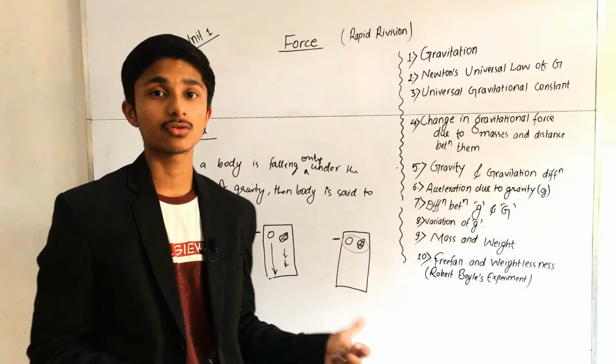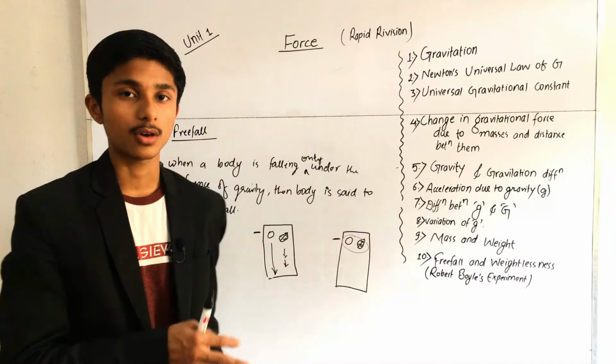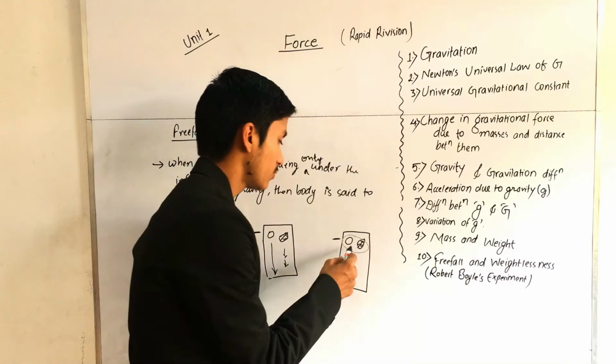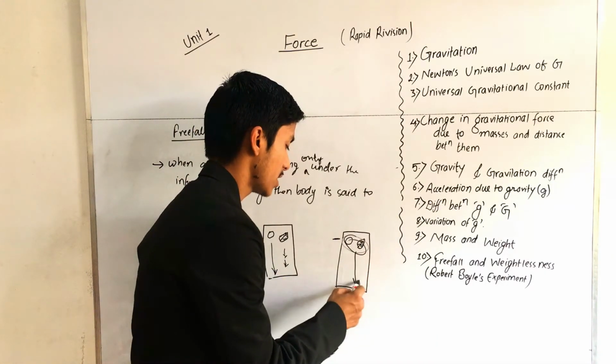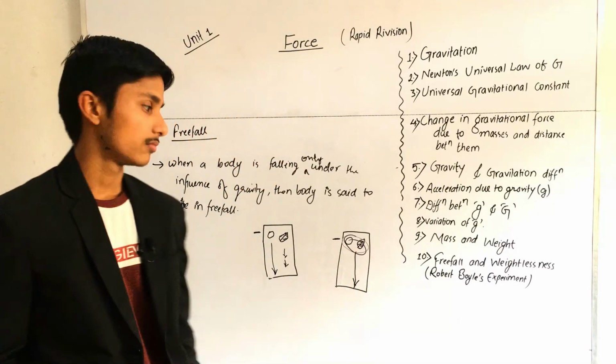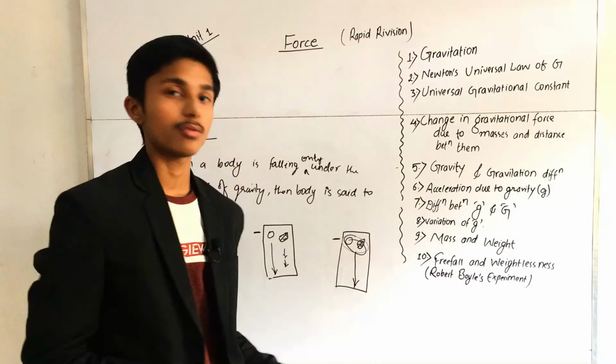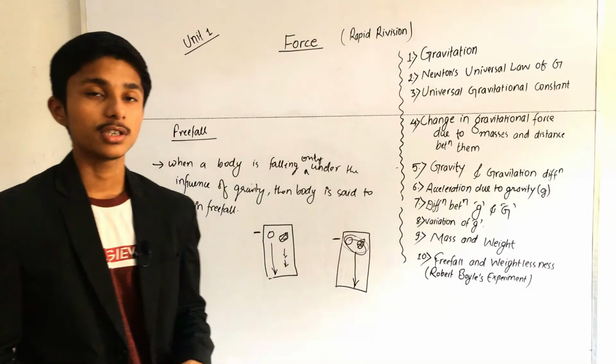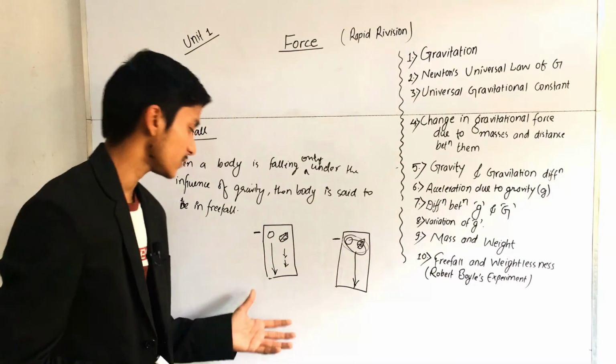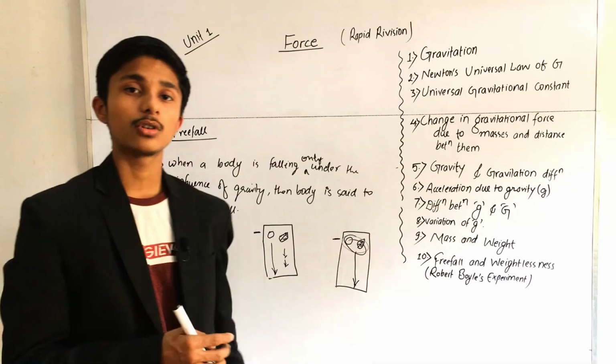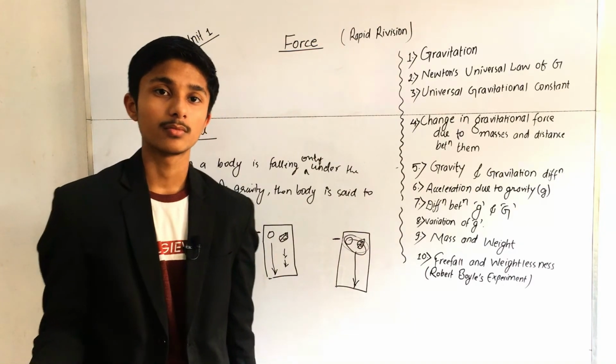Then he found an astonishing result: both objects fall at the same time and hit the ground at the same time. It means he found the statement of Galileo Galilei to be true.